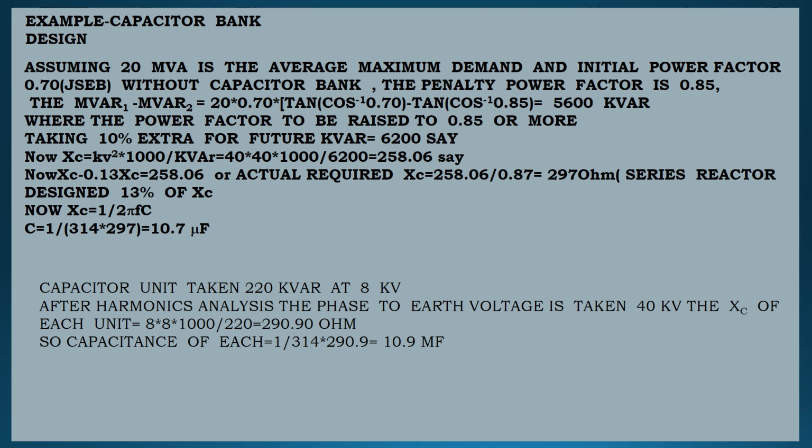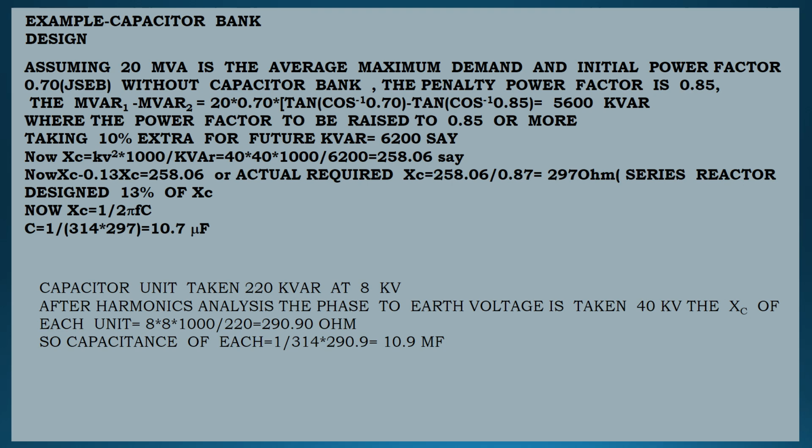It is coming around 290.90 ohm. So capacitance, again that formula, Xc is equal to 1 by 2 pi fC, C is equal to 10.9 microfarad. Our calculated value is 10.7 and the capacitor unit is 10.9 microfarad. Now we have to arrange this microfarad with the help of this capacitor unit.